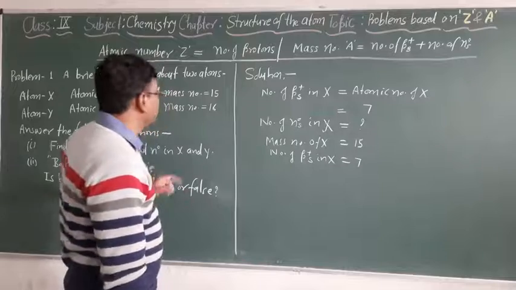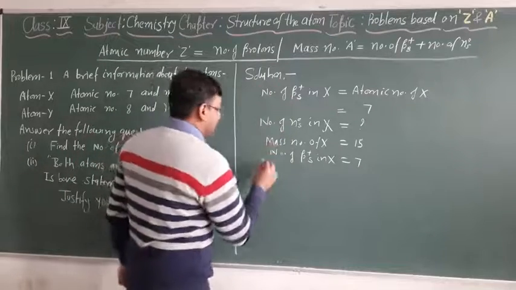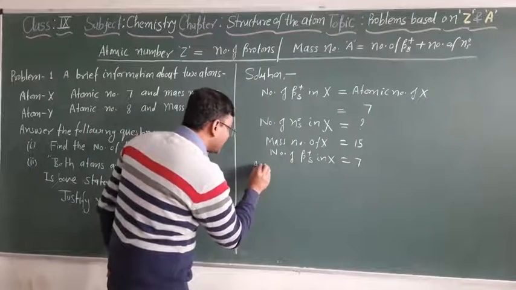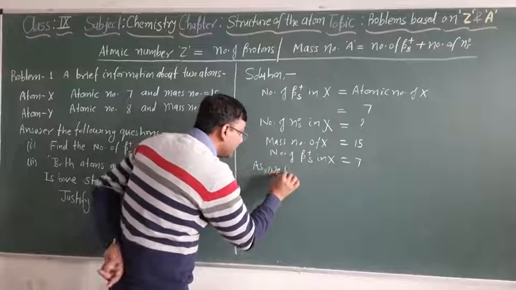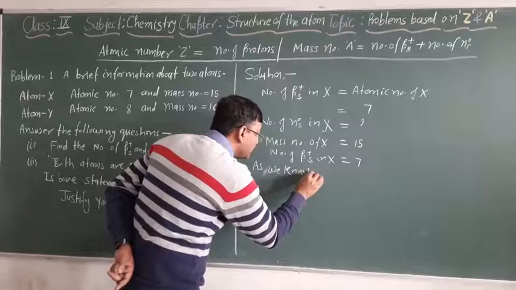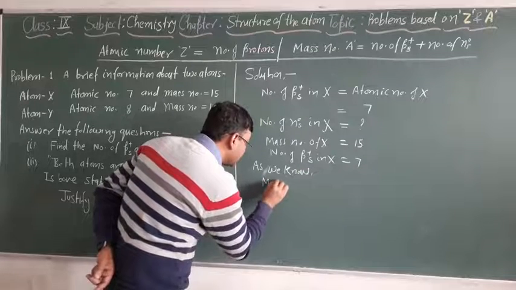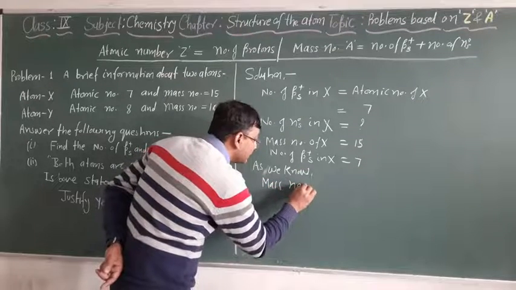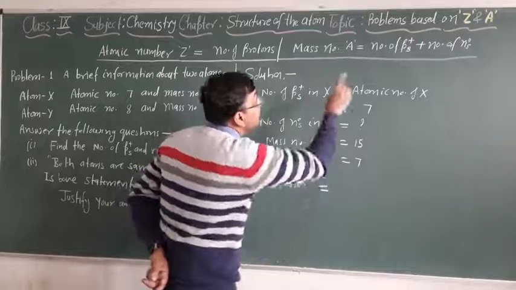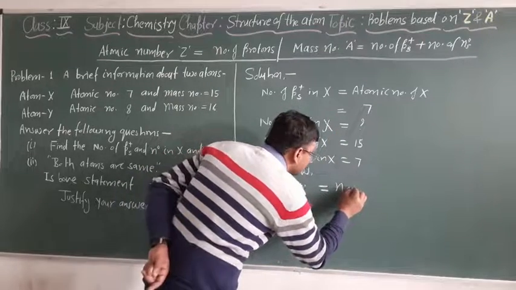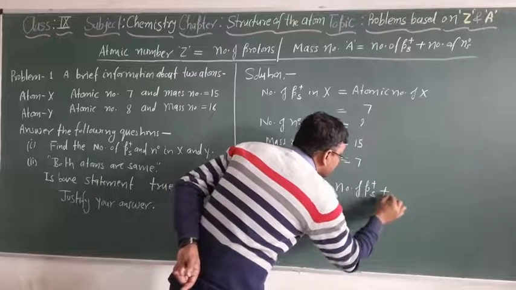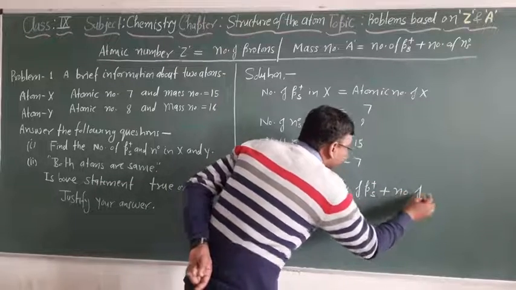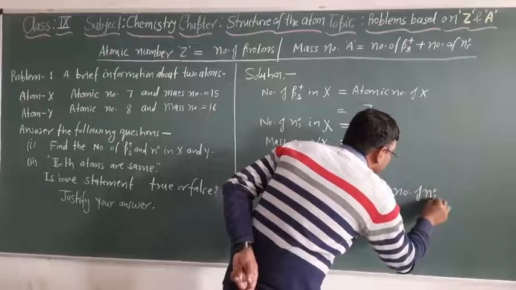Now, as we know, mass number is equal to number of protons plus number of neutrons.